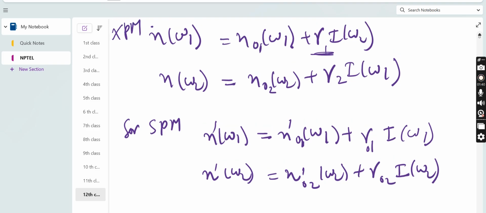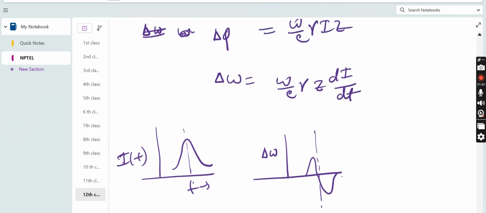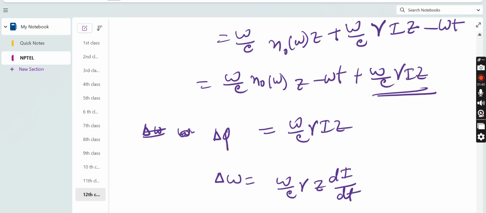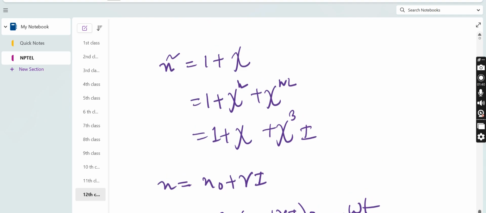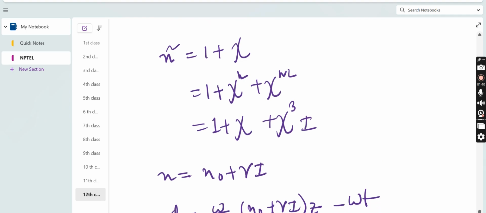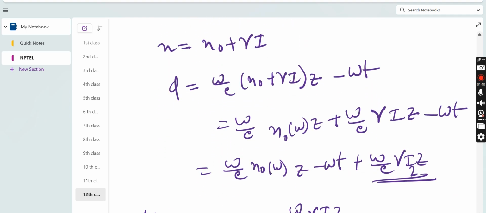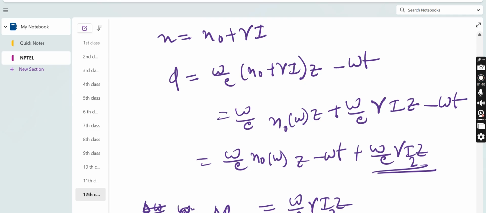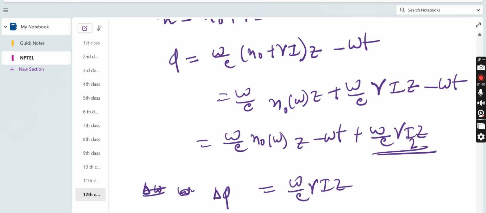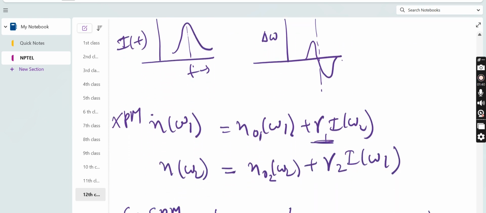So here C is for cross phase modulation, gamma 2 I. Okay.